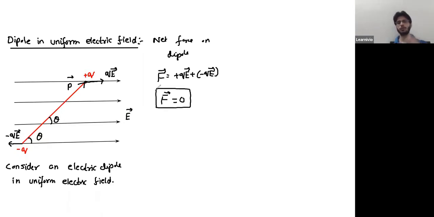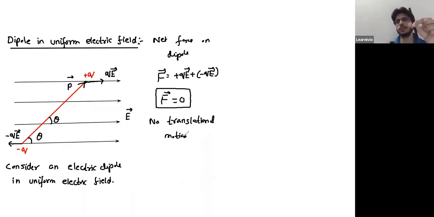So the net force acting on this dipole in the uniform field is 0. This dipole will not experience any force. That means no translational motion, no straight line motion. It can't move along x or y axis. It will remain in its place.